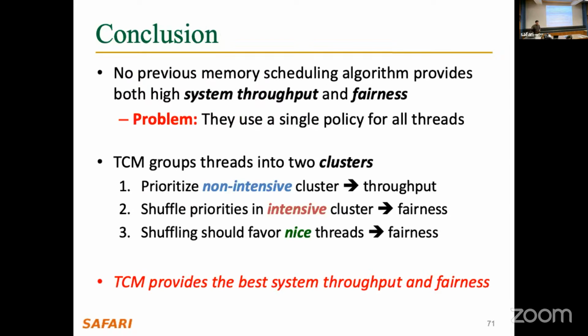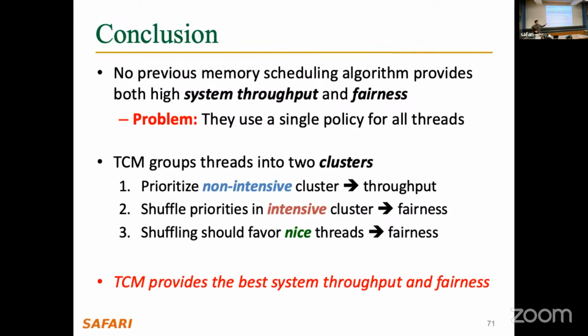Okay, so to conclude, we've seen that no previous memory scheduling algorithm, when TCM was published, provided both the highest system throughput and fairness, basically because they use a single policy for all the threads. By grouping threads into two clusters and prioritizing the non-intensive cluster over the intensive cluster, we optimize throughput. And by shuffling priority in the intensive cluster, we optimize fairness.